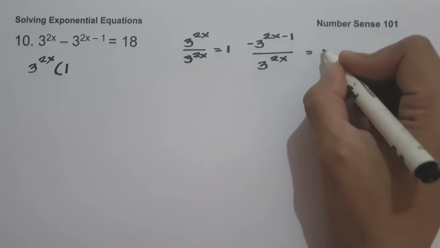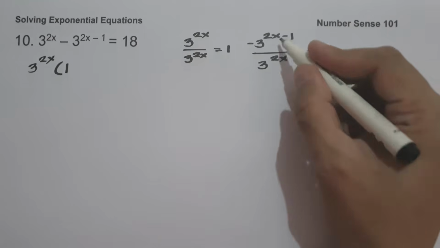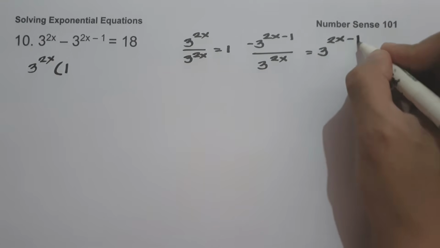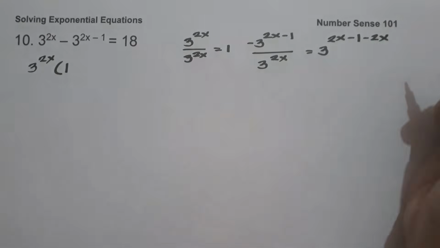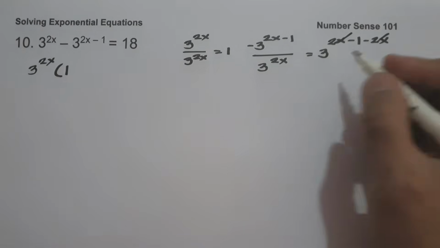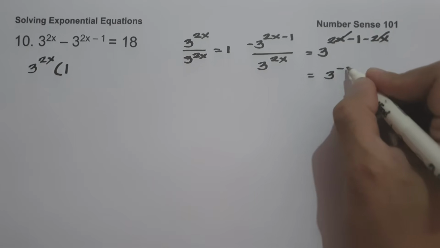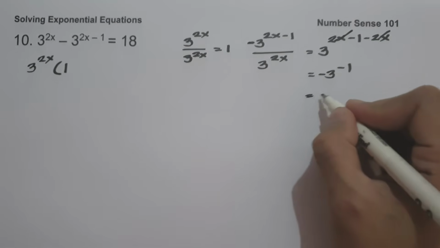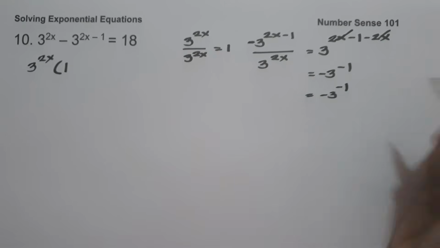Since we have the same base, let us have 3. And let us subtract their exponents, that is 2x minus 1 minus 2x. So let us cancel this one. It will give us 3 raised to negative 1. And let us write the negative sign, that is negative 3 raised to negative 1.